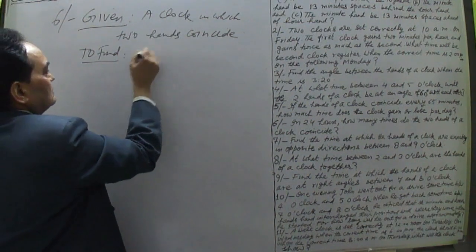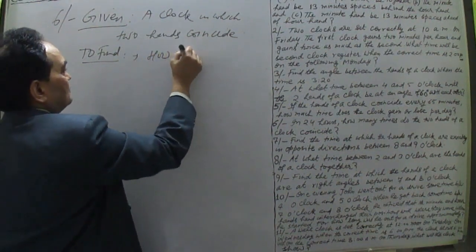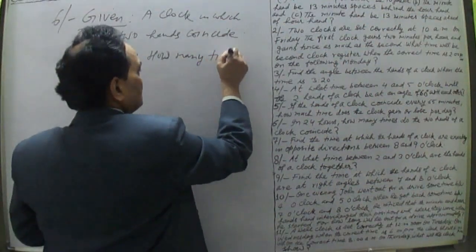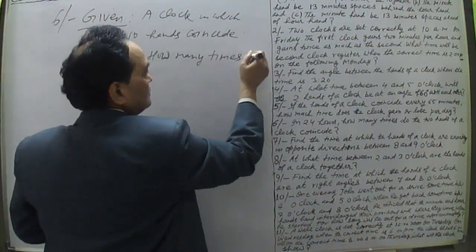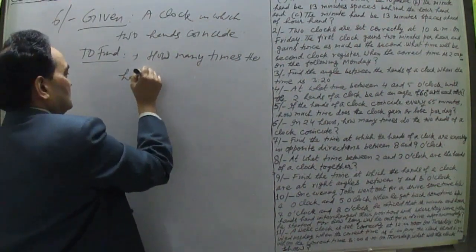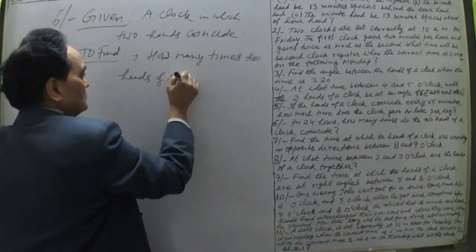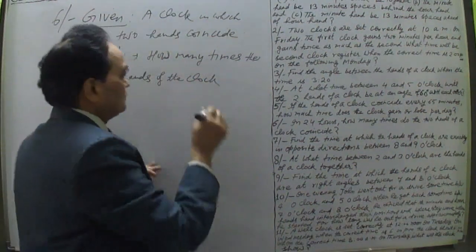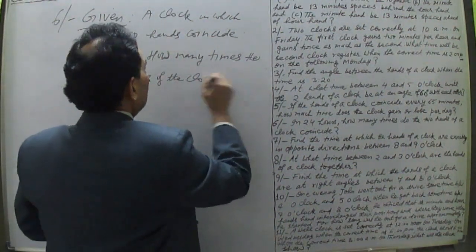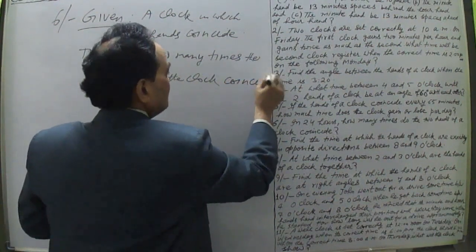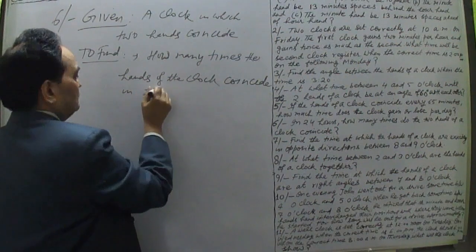You find how many times the hands of the clock coincide in 24 hours.